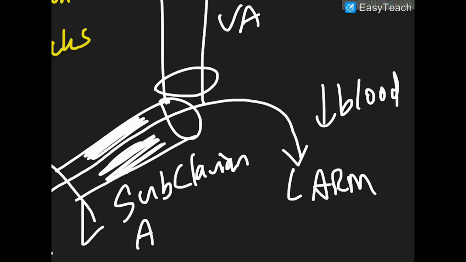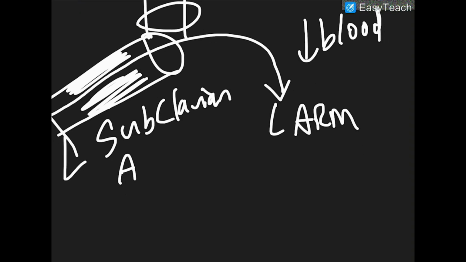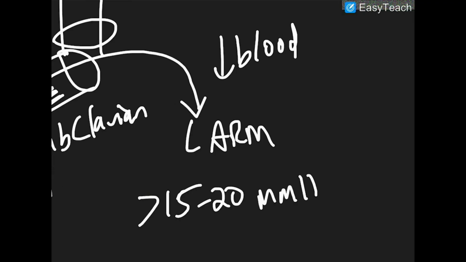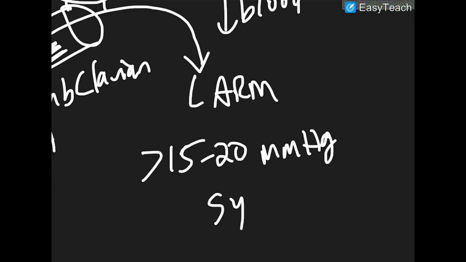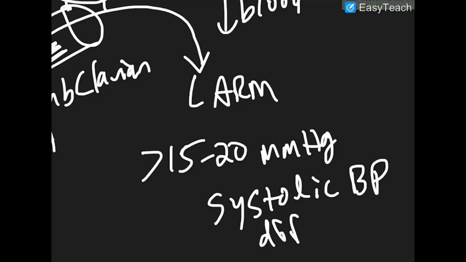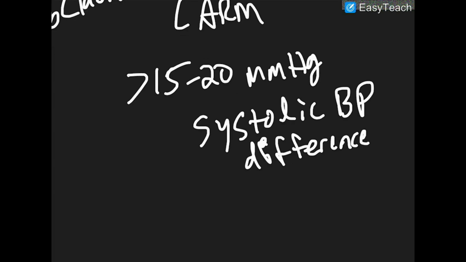Due to the narrowing. So another thing you can find is a greater than 15 to 20 millimeters of mercury systolic BP difference, okay? Blood pressure difference between the two arms. So whatever the affected arm is, it's going to be lower. You can even take the opposite example.